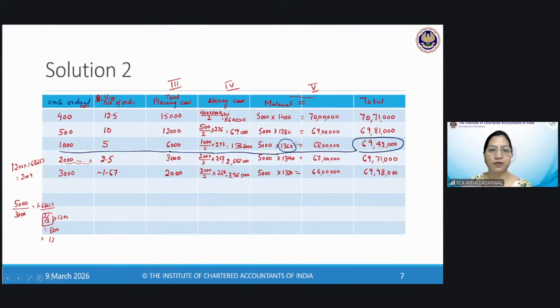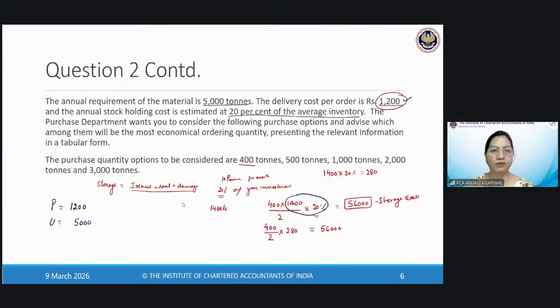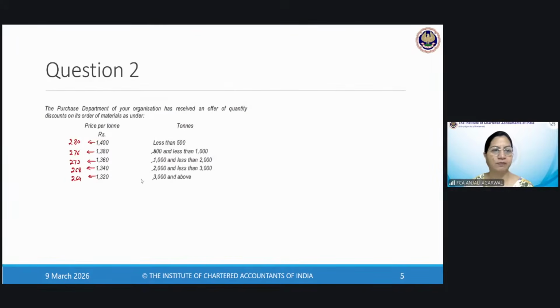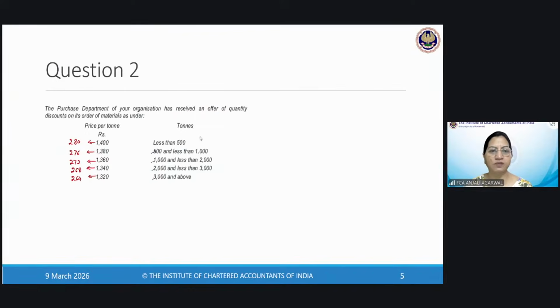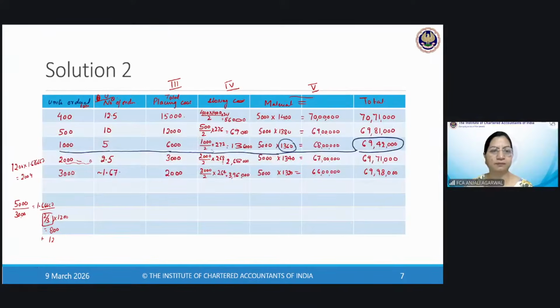So this is how you will draw a table when you have two successive discounts. Alternatively, the earlier question could have also been done using the discounts in tabular form, or you can use the formula also. But when there are material discounts, don't use the formula, always use the tabular method. Right? So this is how you calculate the EOQ.